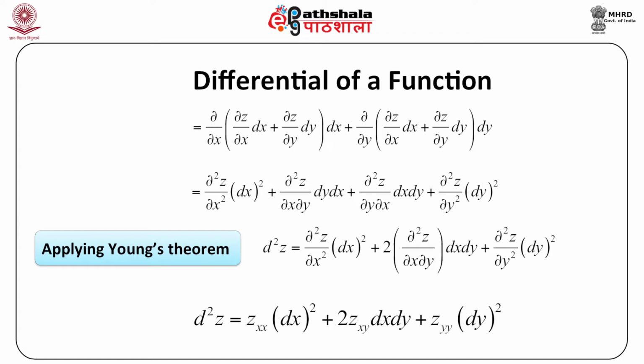In simpler notation, d squared z is equal to z_xx (dx)^2 plus 2 z_xy dx dy plus z_yy (dy)^2.